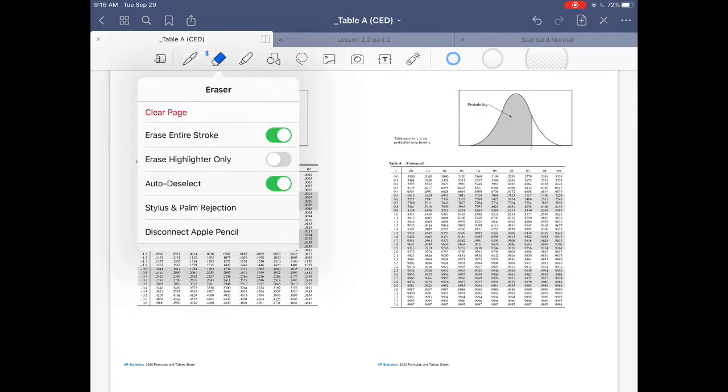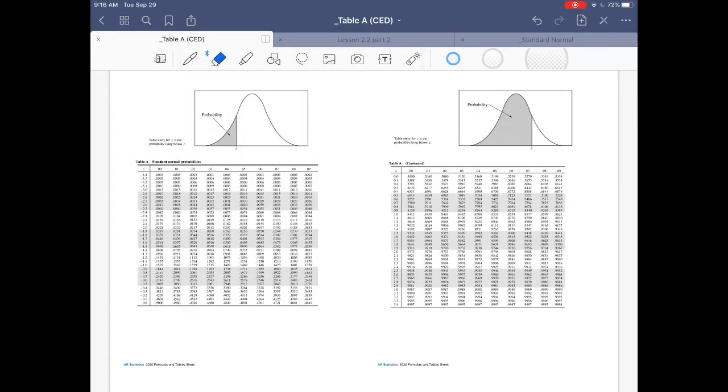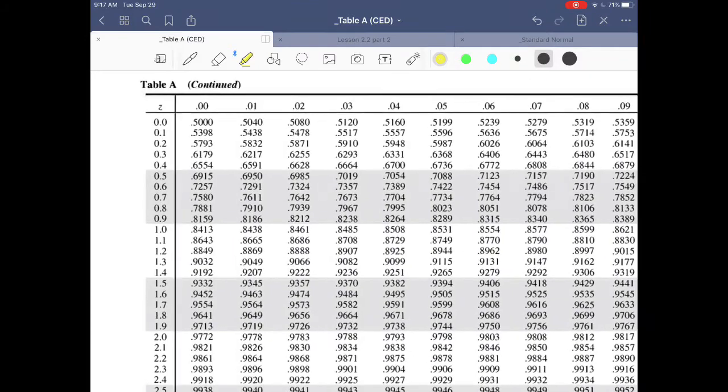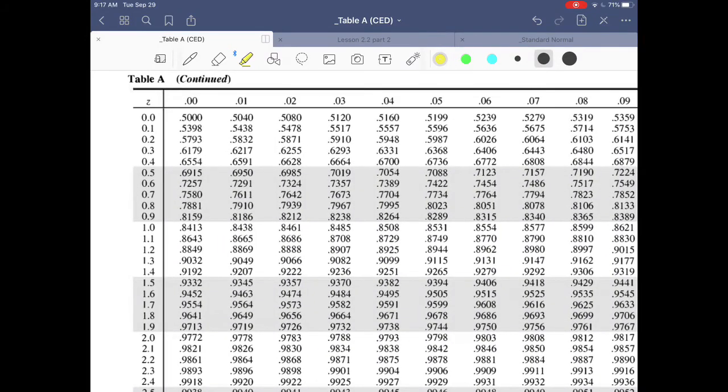So what we want to do is find a region over here with 15%. Table A, remember, tells us this region, so we want to find the z value that has an area of 0.85. So let's find it. Zoom in a little bit. We want to find the number that gets closest to 0.85.